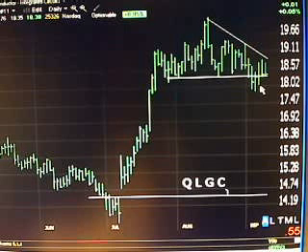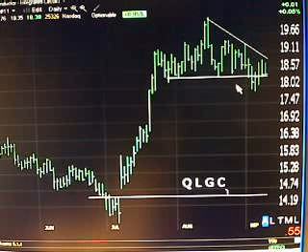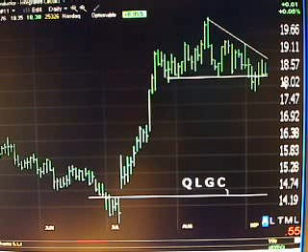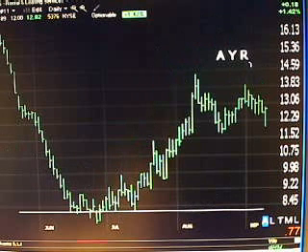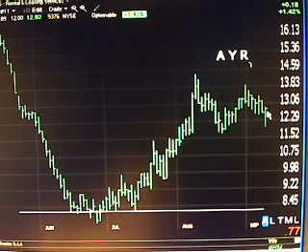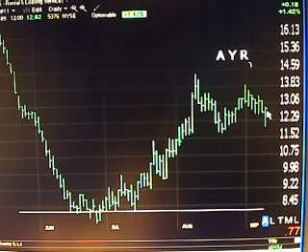So let me recap that. That's QLGC, call on the short side, and depending on where we sell this, I think we probably make ourselves about $4 or $4.50. Okay, let's take a look at the AYR. Sold the stock short on the way down. I sold it at 12.50.